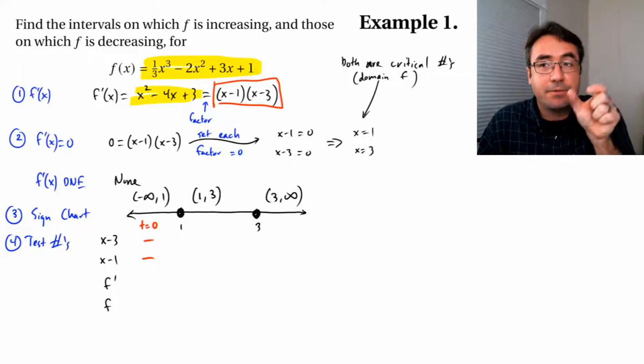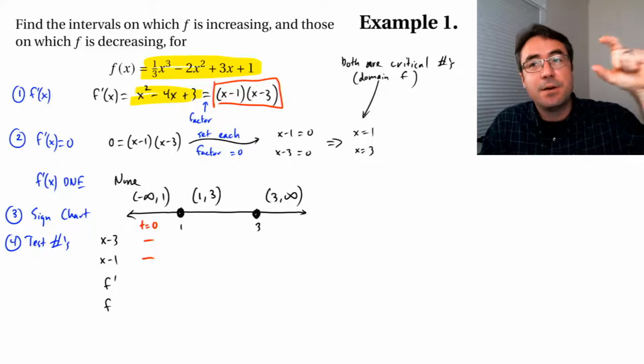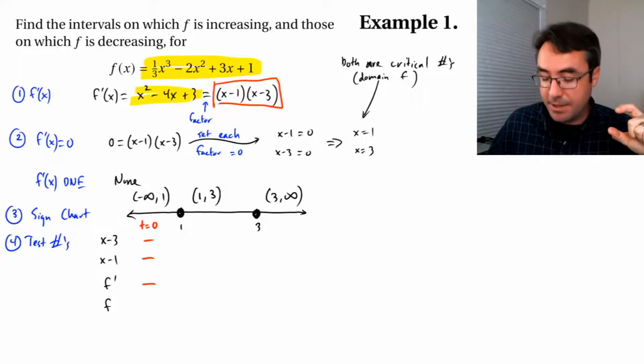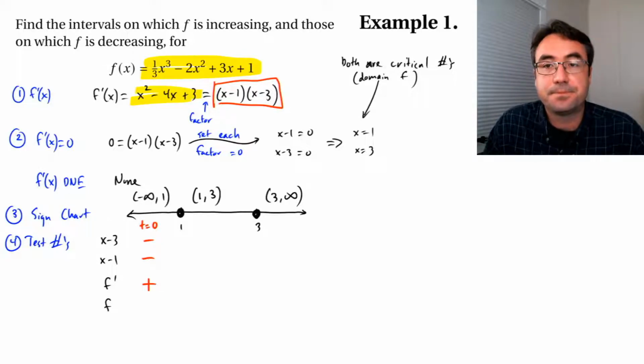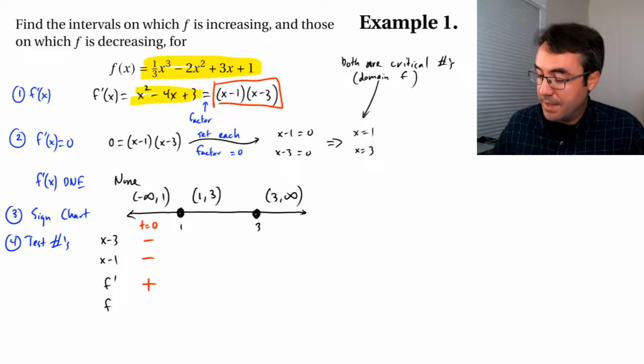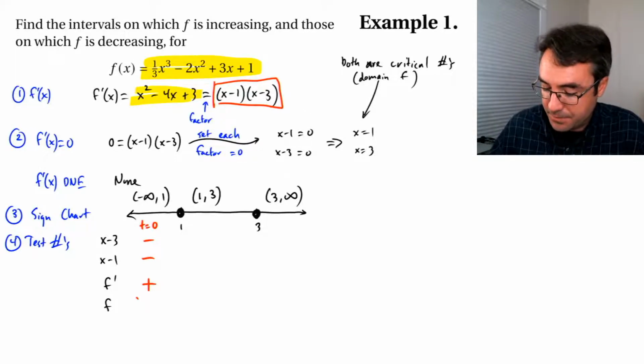It was the product of those two factors. So when we take a negative result, multiply it with another negative result, the result is positive. So f prime is positive on that entire first interval, and that means our function is increasing on that entire first interval.